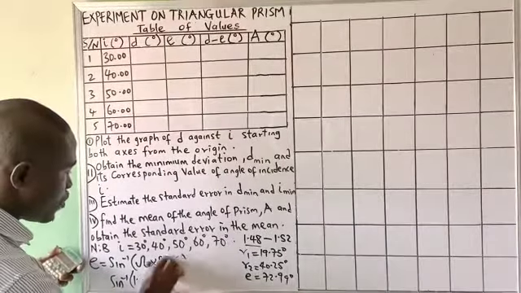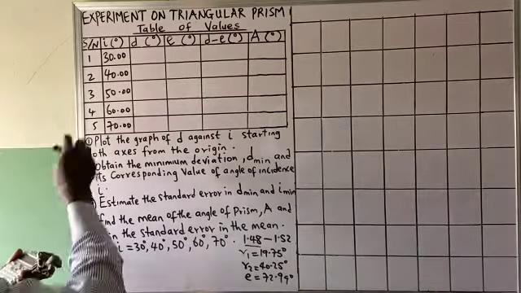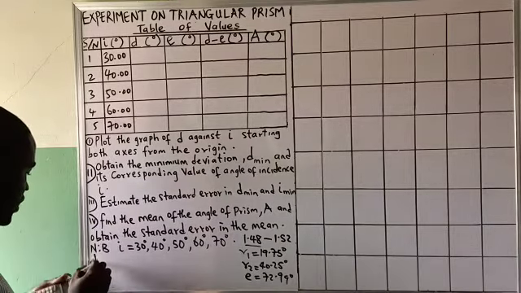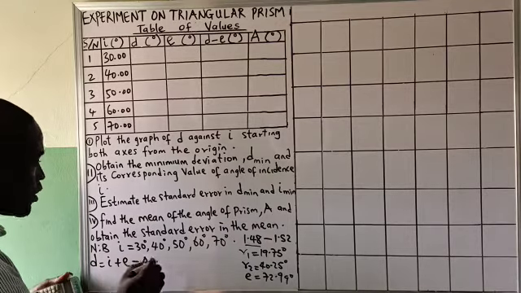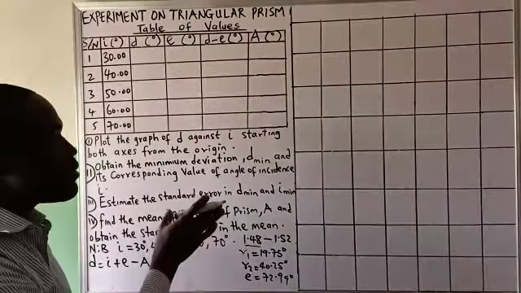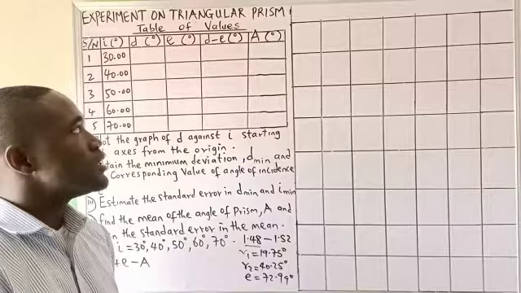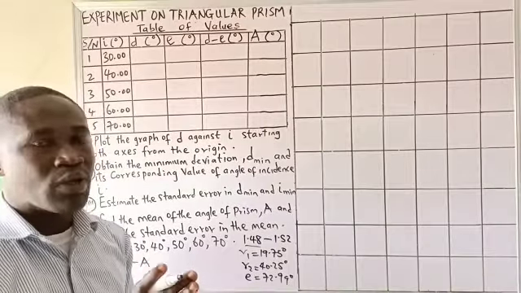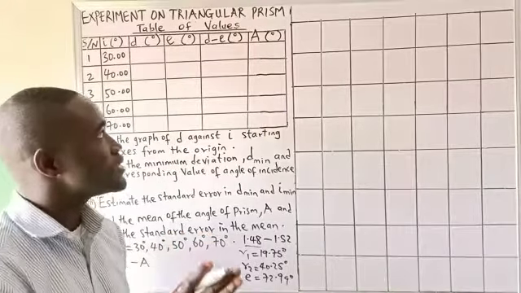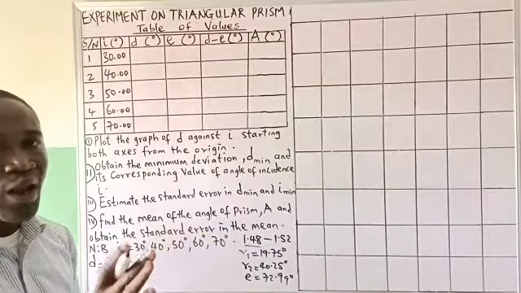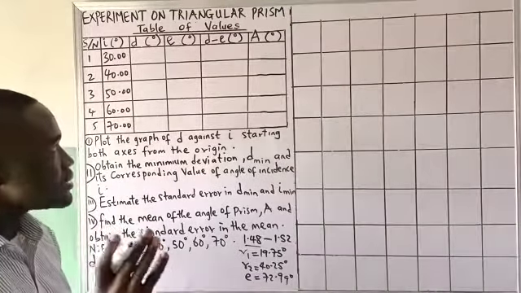Then that goes to D. What is the formula we are to use to get the D now? We remember that D is equal to I plus E minus A. Now, in this experiment, we have different types of triangular prism. The triangular prism mostly used is the one with an equilateral triangle.